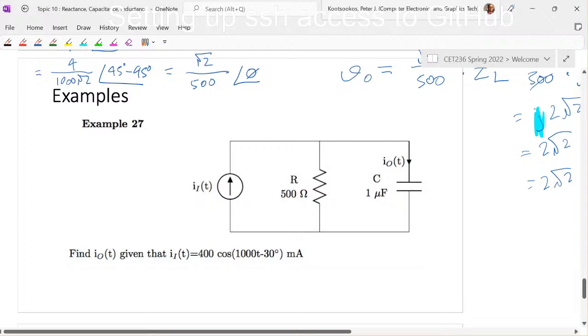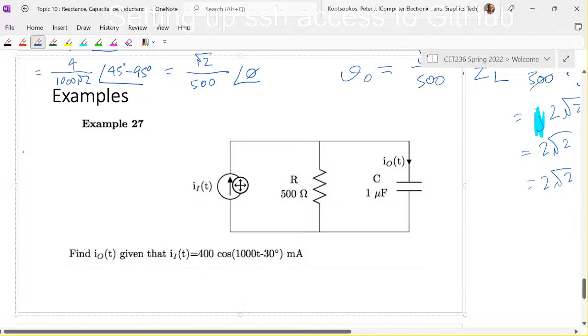V equals IZ, and then we could just find I out by saying V on ZC to get its current. But let's do it the equivalent impedance way, and then I'll talk about the other way.